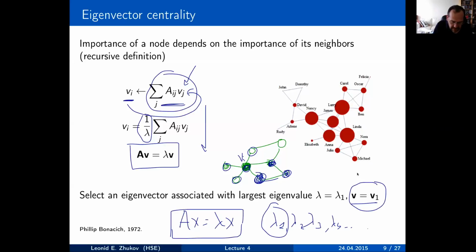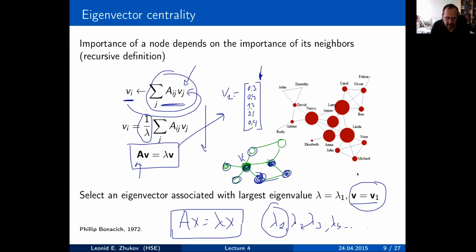So we have a matrix, we solve this equation, and we get eigenvectors, and this is eigenvector number 1. It has some numbers, the components of this eigenvector, I'll just make them up. And those numbers will act as the centrality metrics for the nodes in the graph. So this will be our centrality metrics.